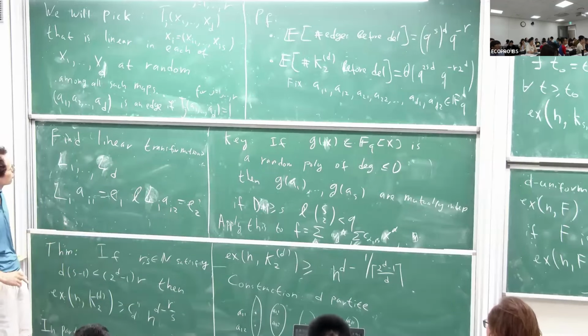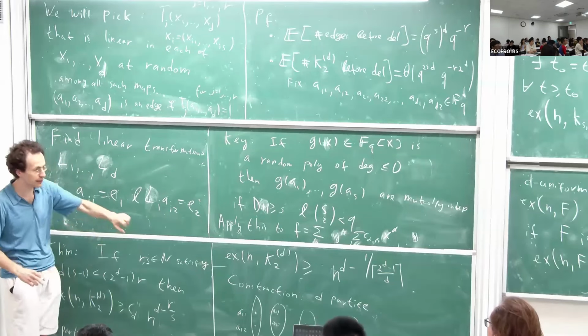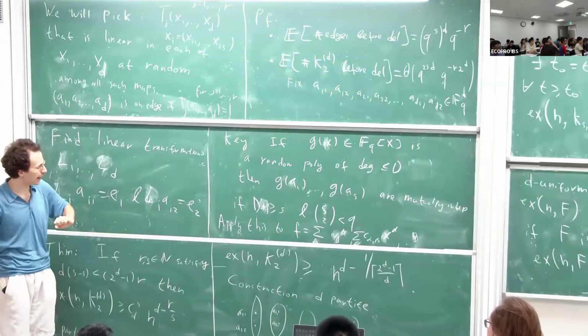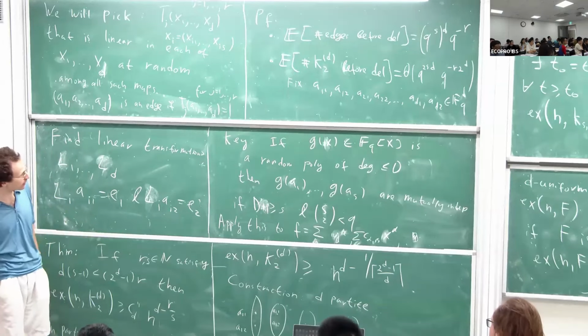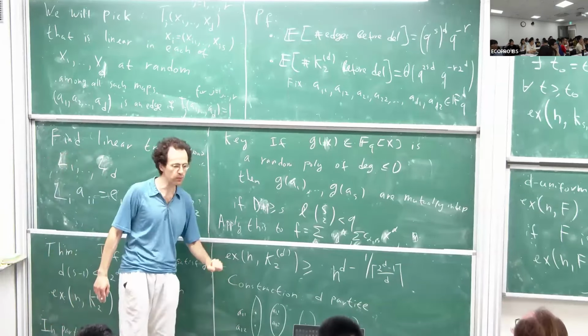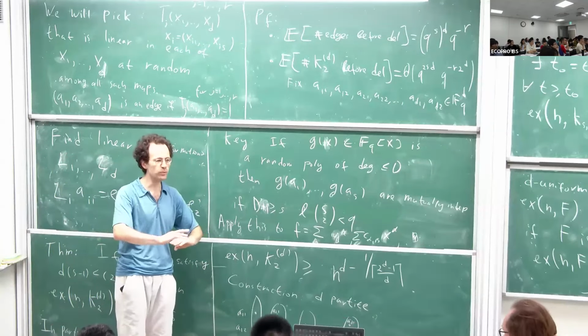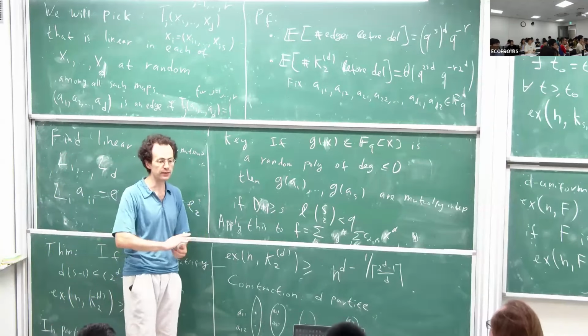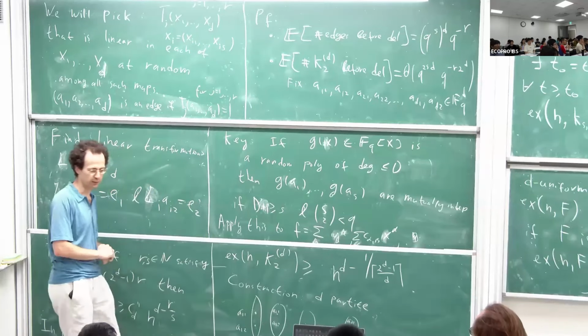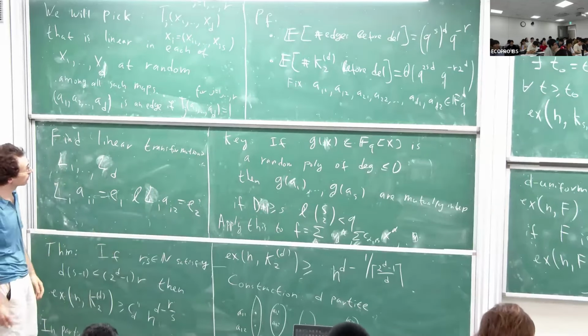The only thing I'm glossing over is that in order to find this linear transformation, I need these vectors to be non-collinear. If they're collinear, you cannot have T equal to 1 on both of them, because they are a non-zero scalar multiple of one another. So this is the only trick you need.